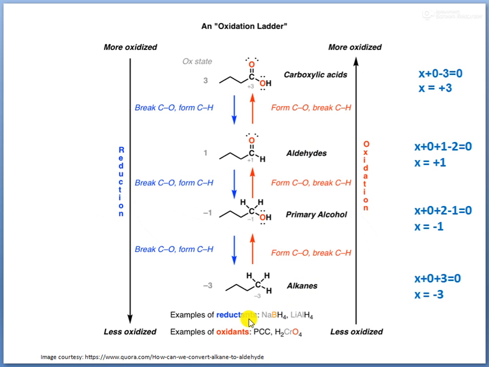Examples for the reductants are sodium borohydride and lithium aluminum hydride. Examples for oxidants used for these processes are PCC and H2CrO4. The topmost part has the compounds that are most oxidized, and the bottommost part of the ladder has the compounds that are least oxidized.